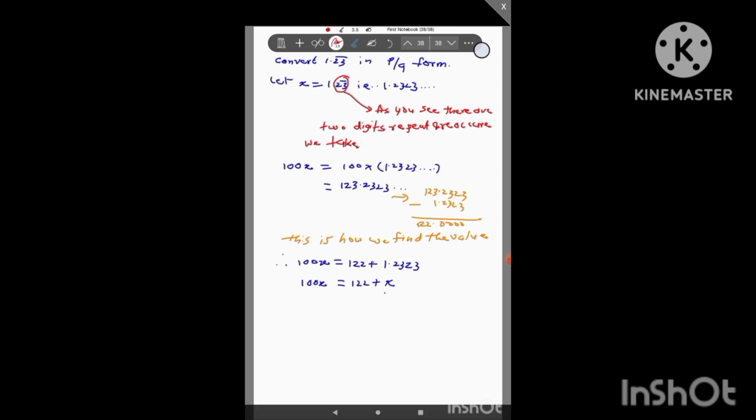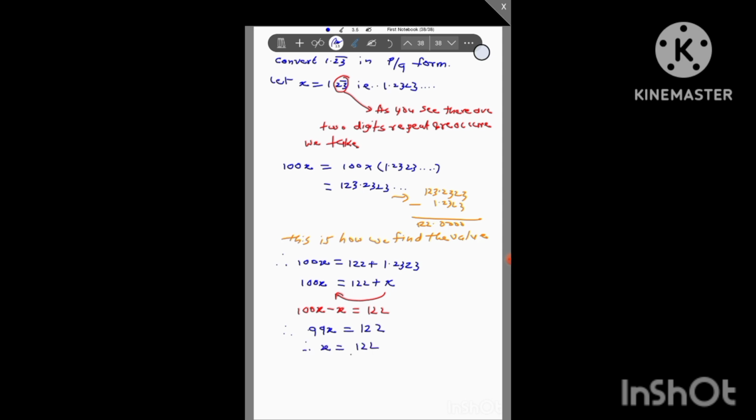Transfer this x from the right hand side to the left hand side: 100x minus x equals 122, that is 99x equals 122, that is x equals 122 upon 99. Very simple. Remember how to find the value in between, that is subtracting x, that's all.